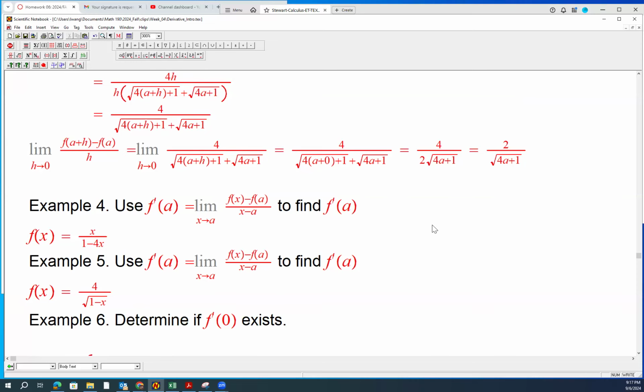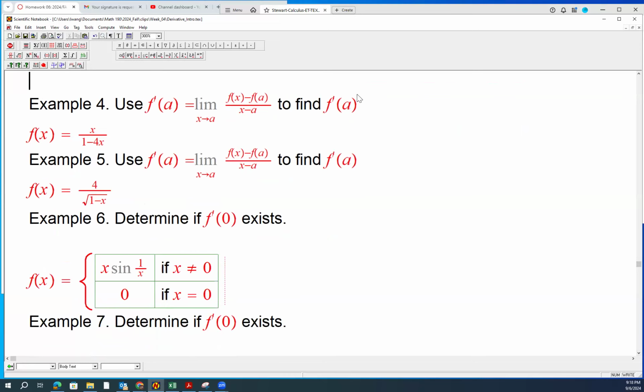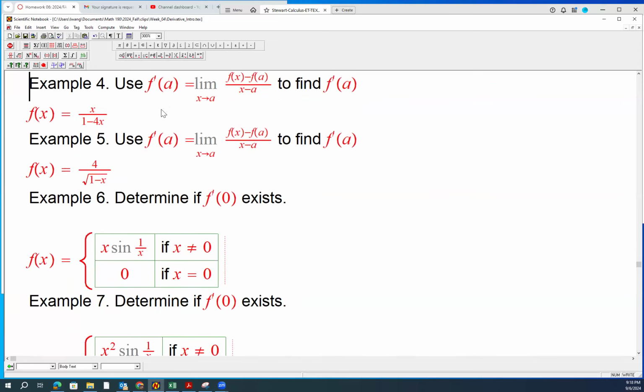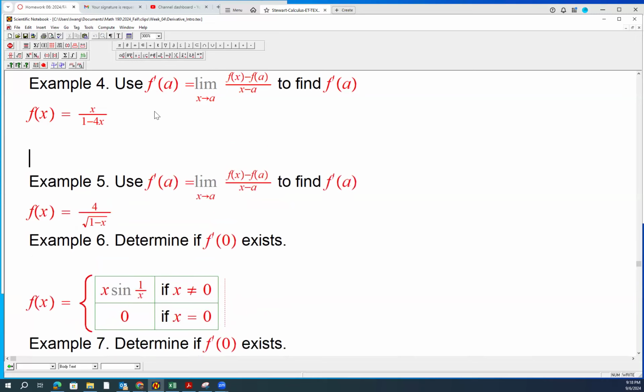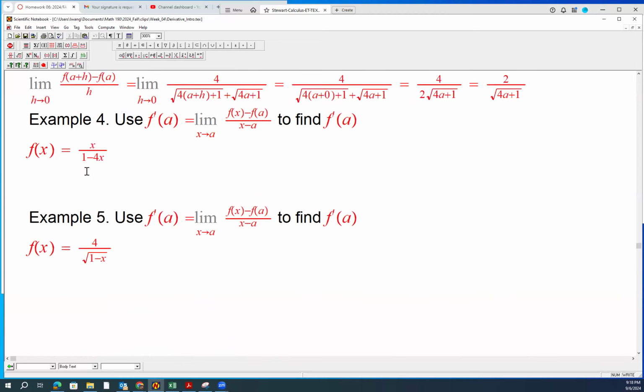We have 2 more questions. I tried to give you guys a variety of questions which you may find difficult algebraically. We're not doing 6 and 7. That's going to be another video. Okay. Number 4, we're going to use this formula.